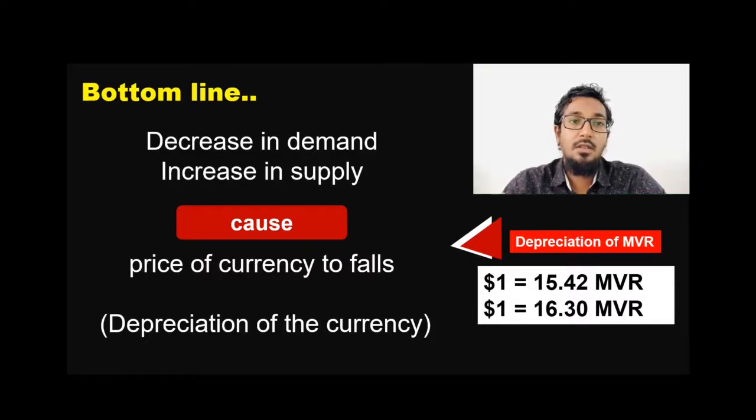Previously we spent just 15.42, but now we have to spend more MVR to buy the same $1. So there is a depreciation of the MVR, but the US dollar has appreciated, because for the same $1 they can now get more of our currency, isn't it?